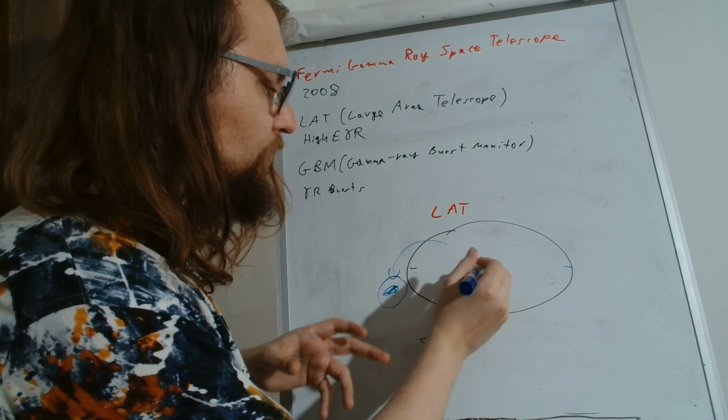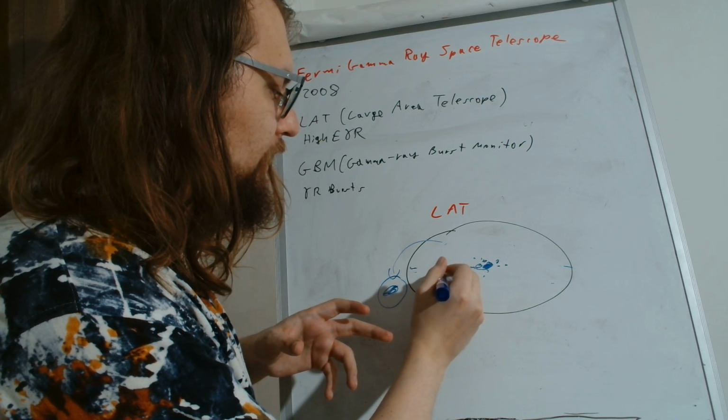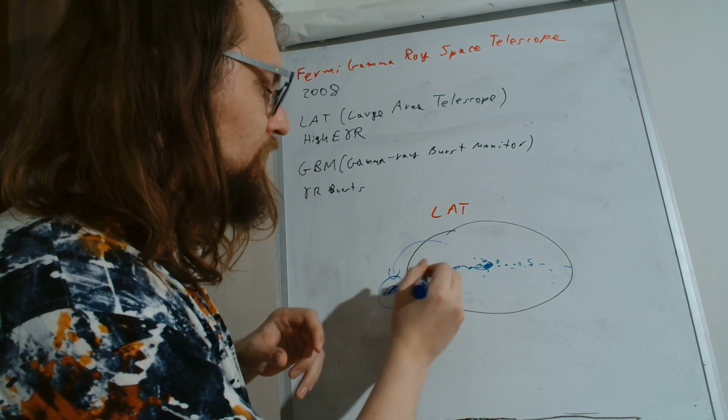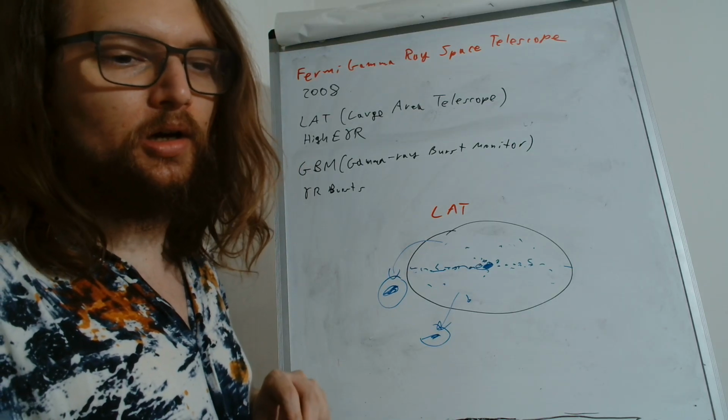Now there is a large spot in the center because of the supermassive black hole, and you can see also on the internet this version of the gamma ray sky with only spots instead of a continuum of gamma rays.